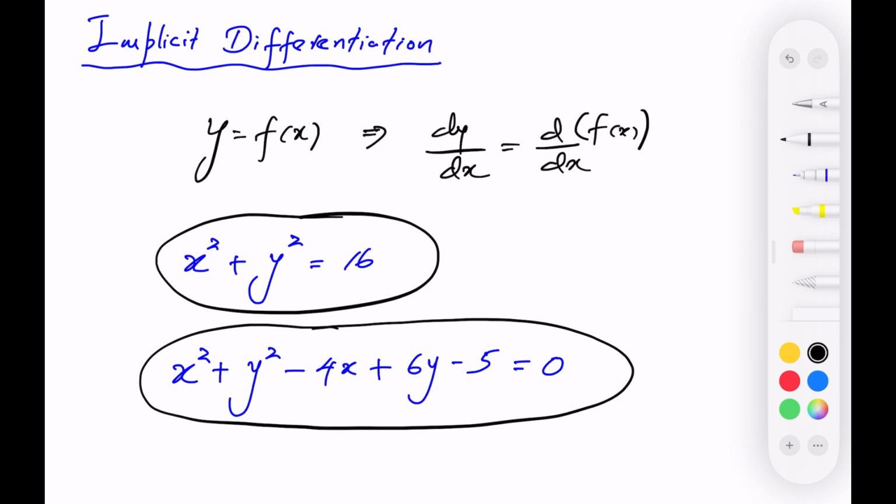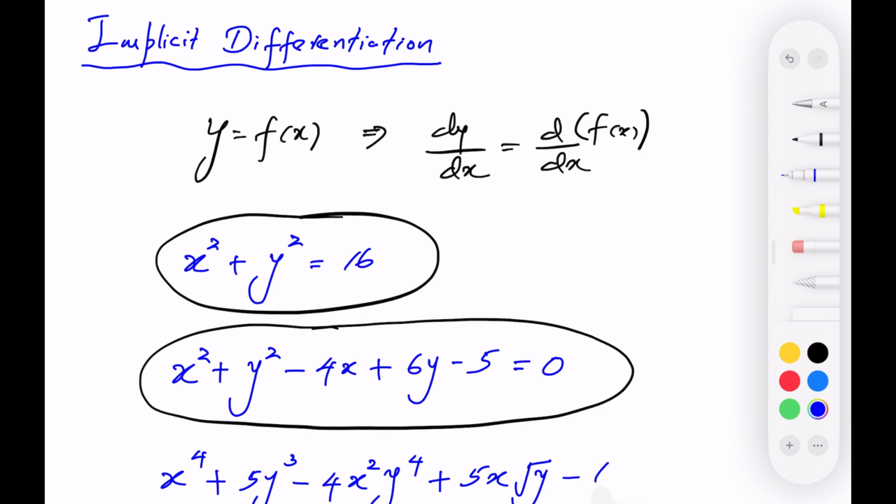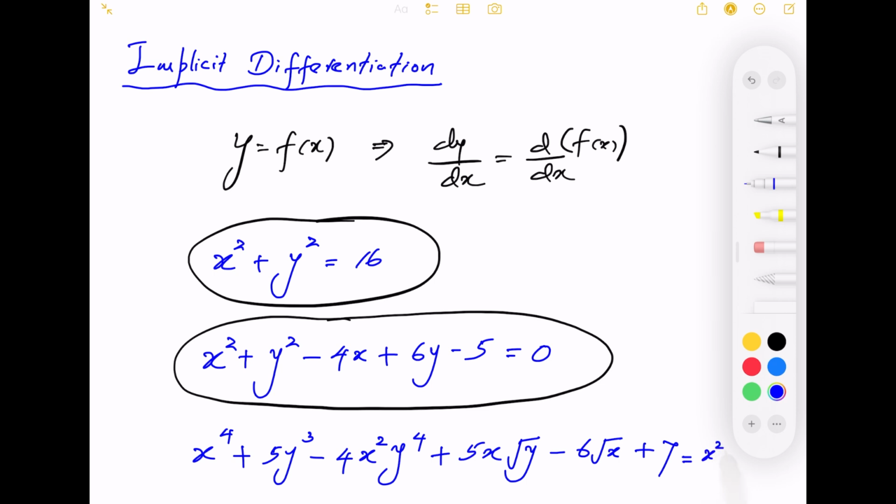However, for both of these examples, implicit differentiation is actually not the only available option to find dy by dx, because making y the subject is always possible in both of these equations. However, there can be other situations like this one. Let's say I have x to the 4 plus 5y cubed minus 4x squared y to the 4 plus 5x square root y minus 6 square root x plus 7 equals x squared y.